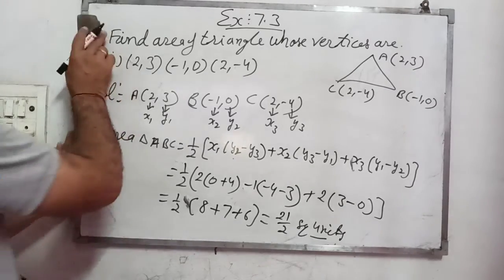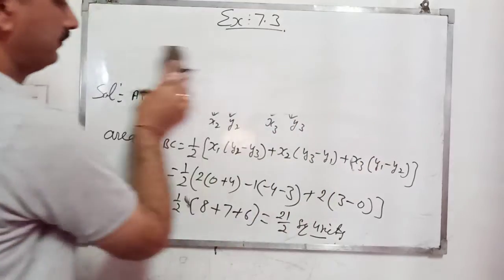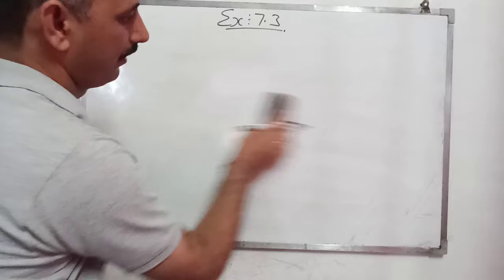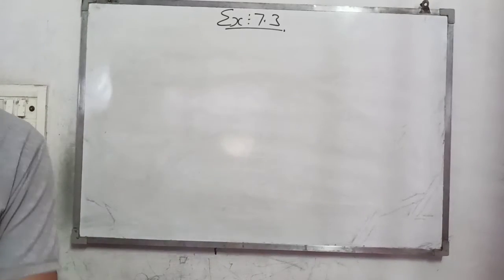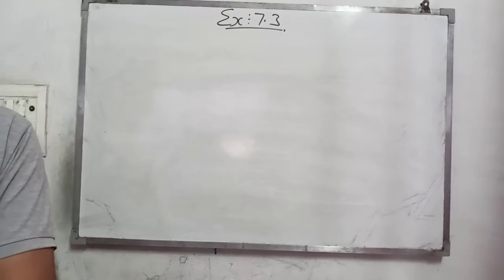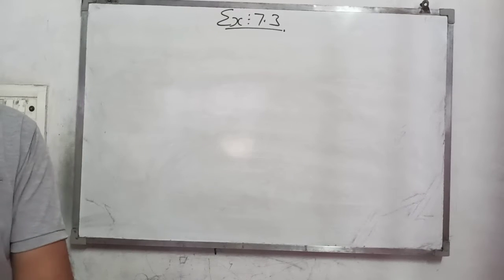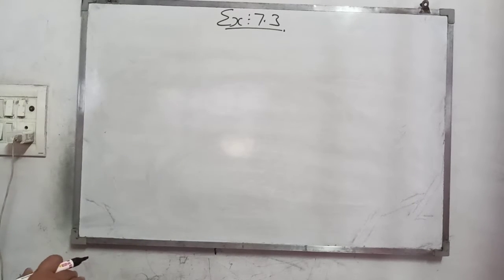So look at the next. Question number second: find the value of k for which the points are collinear.